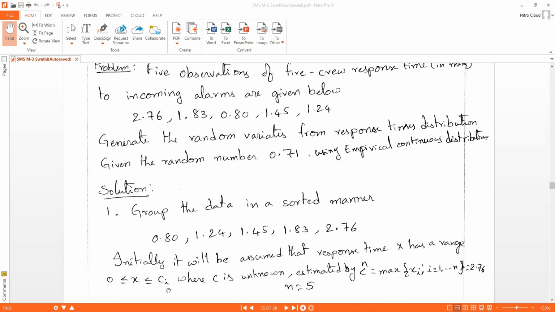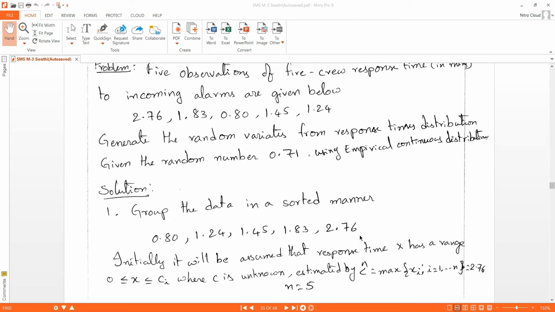Okay. Initially, it will be assumed that the response time x has a range, that is 0 less than or equal to x less than or equal to c, where c is unknown. Okay, so it can be estimated by c cap is equal to max of the input data x i. Here, what is the maximum value in this input set?